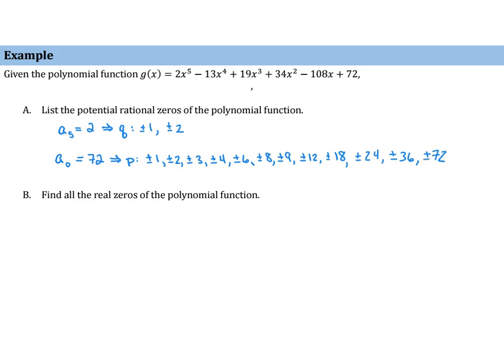So those are all of the factors of 72. So now we take each one of those, divide by 1, which will just be that same list, then all of those divide by 2.